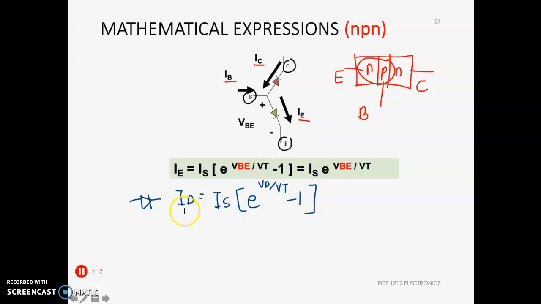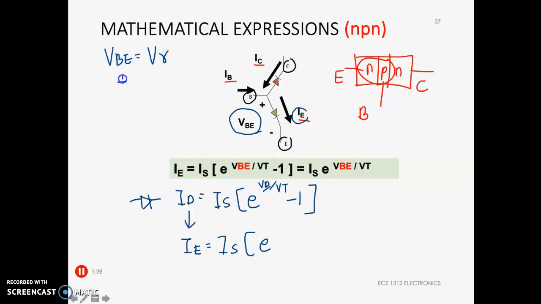Since between B and E is your diode, how are you going to change your ID? Instead of ID, now it becomes IE. Your IE will be equal to IS. Instead of diode voltage, between B and E we have one voltage we call VBE. We can equate VBE for your BJT to your V gamma, the turn-on voltage of your BJT.